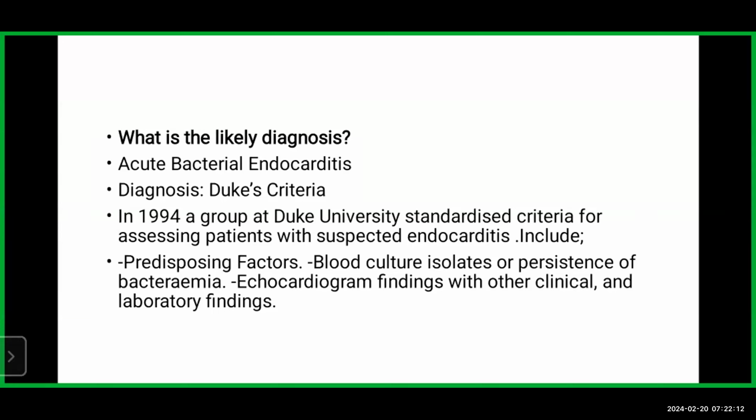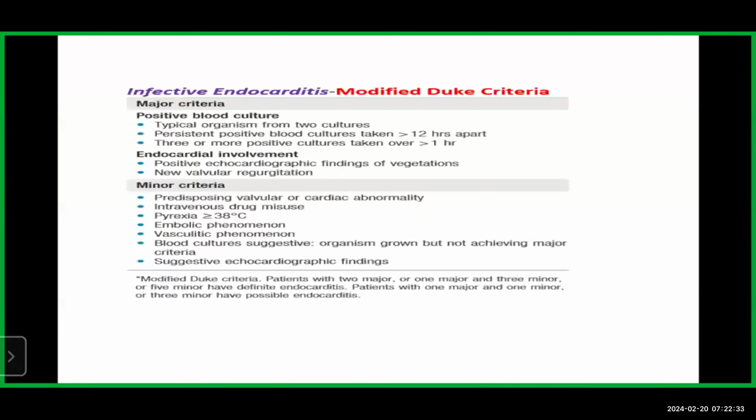Of course, this diagnosis is reached by the Duke's criteria. When the blood culture isolates a typical bacteria or there's persistent bacteremia, together with echo findings and other clinical and laboratory findings. This table shows the modified Duke criteria, which has major and minor criteria.